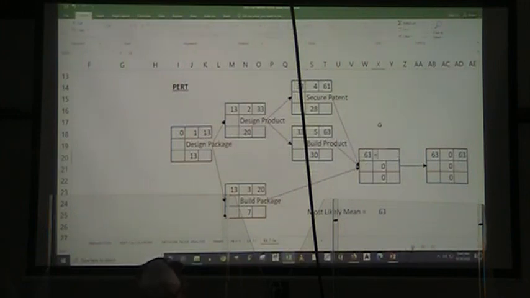And A9, B9, G9. And finally we get to A10, B10, G10.